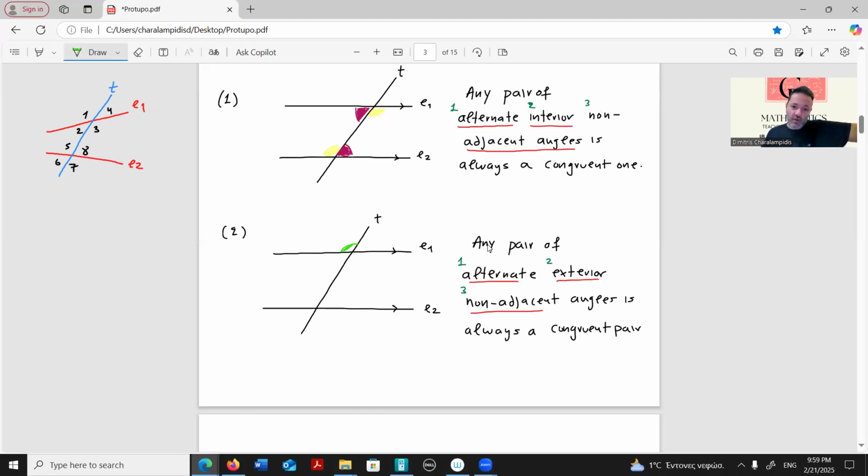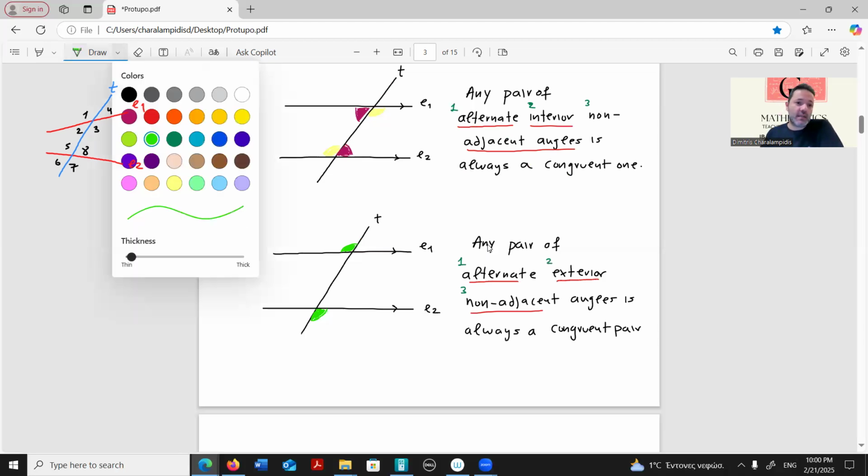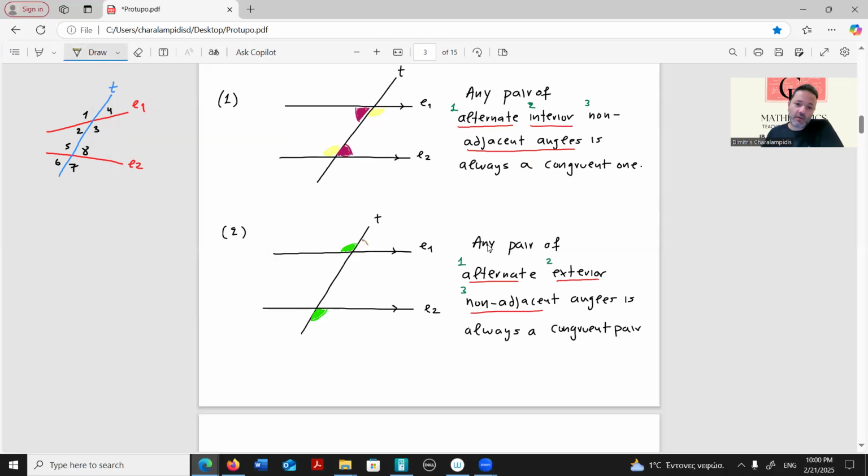Alternate and exterior, they should both be outside. So if this is one, we don't want its adjacent one, we want this one. These two are alternate, exterior, non-adjacent. Is this the only pair of such angles? No, it's also this one, this and this.